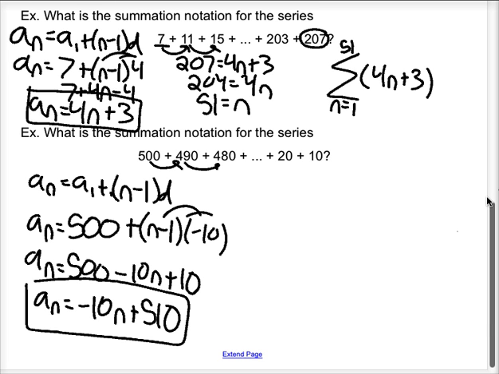So again, so far all I've done is find my explicit formula. Now the next piece, we need to know where we're ending. So now I need to find n by plugging in that 10. So I'm plugging that 10 into the formula that I just found.